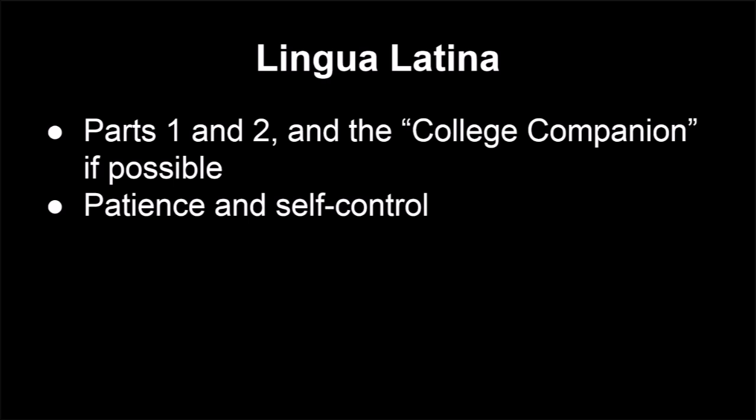It was written by a female professor who works at the University of Kentucky. I'm blanking on her name, unfortunately, which is a shame because she does good work. Currently, she only has the College Companion out for part 1 of Lingua Latina. I am eagerly awaiting the College Companion for part 2. We'll be using that as much as possible, especially later on. In the beginning, it's not going to be as necessary, but later on, you might find it invaluable.